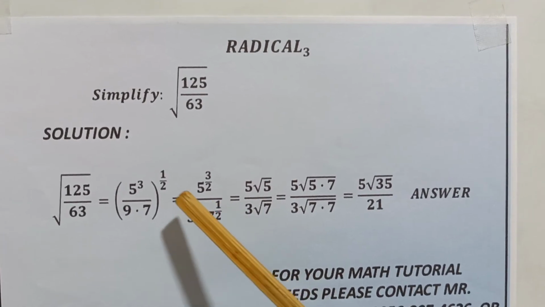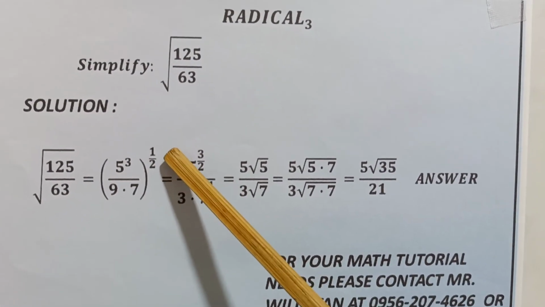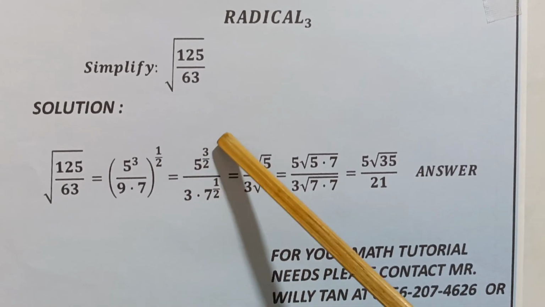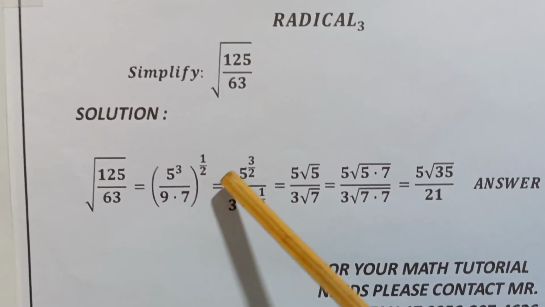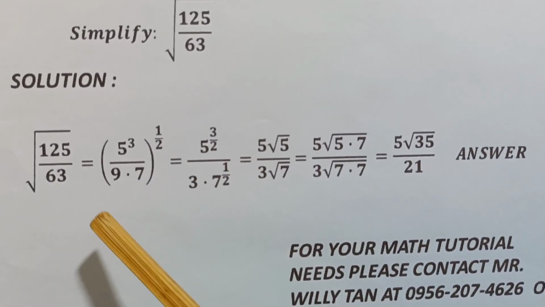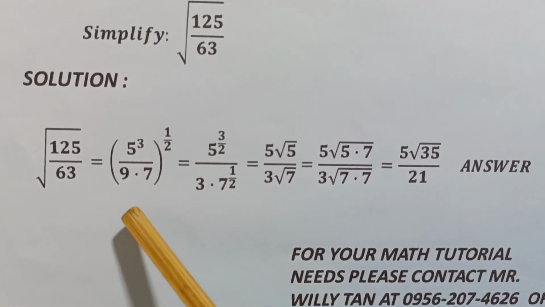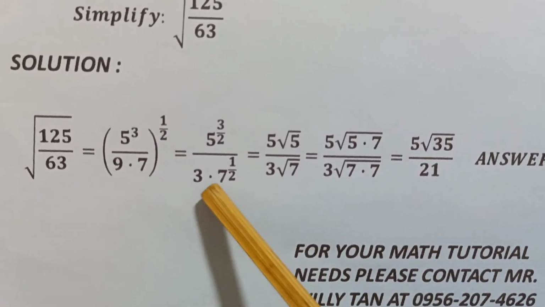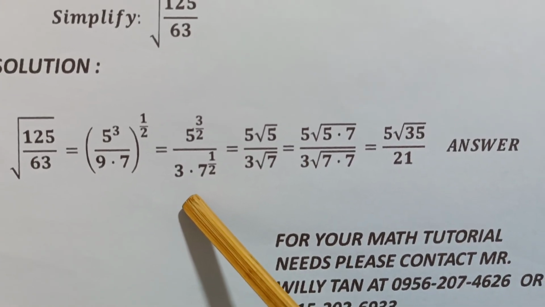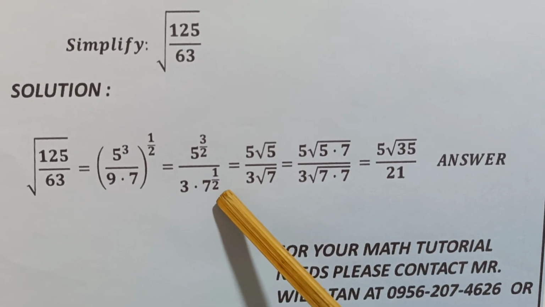So this one is 5 raised to 3 over 2. No? We multiply this one, 3 over 2. So this one is, since this is the square root of 9, which is 3, no? And then 7 is raised to 1/2.